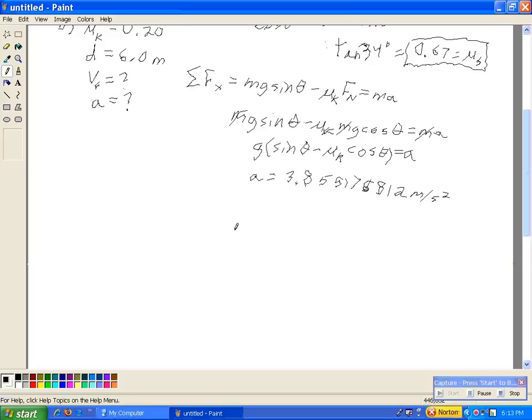Okay. To find the velocity, you can use this formula. Alright.